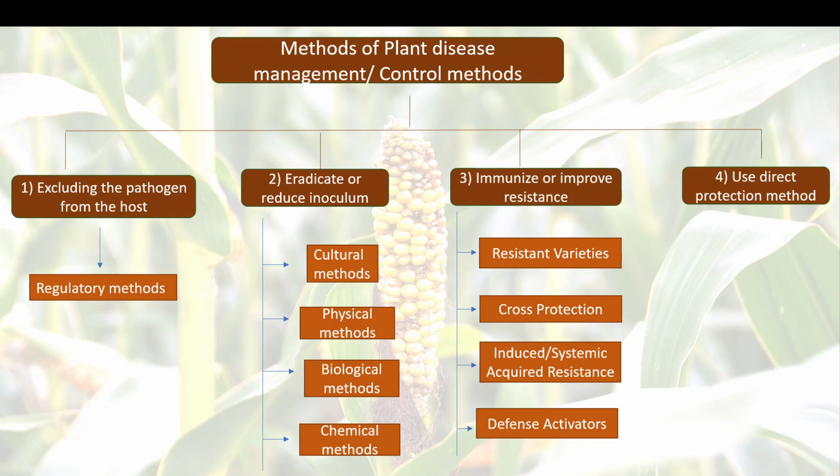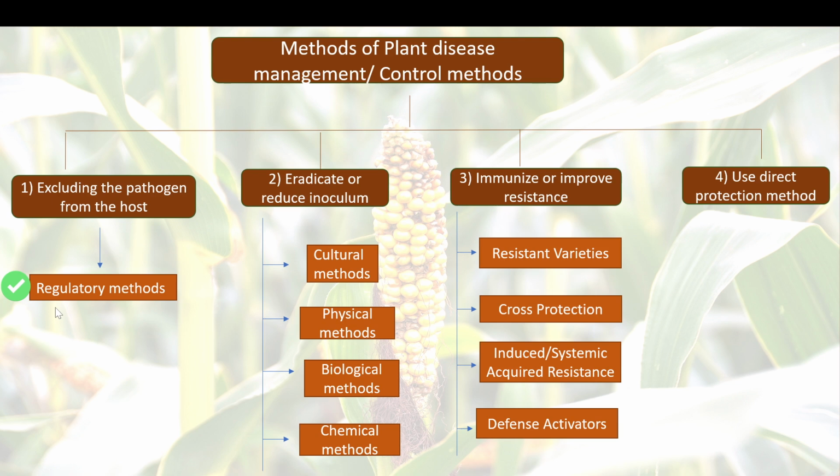So before moving into chemical methods, let us recall what all things we have already done, right? In methods of plant disease management or control methods, we saw that there are four categories. In the first category, that is excluding the pathogen from the host, we are done with regulatory methods.